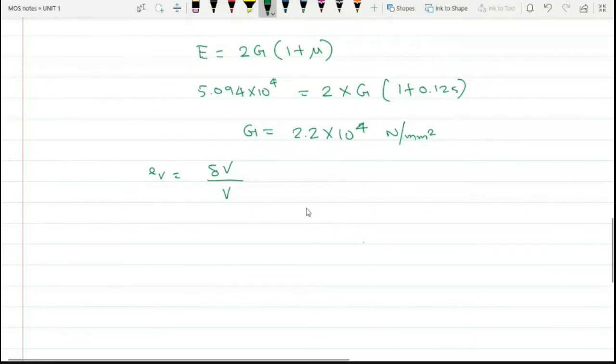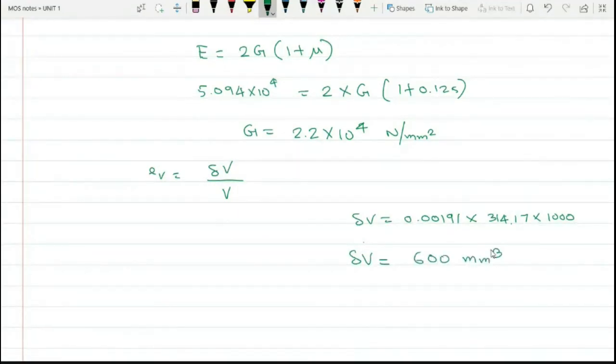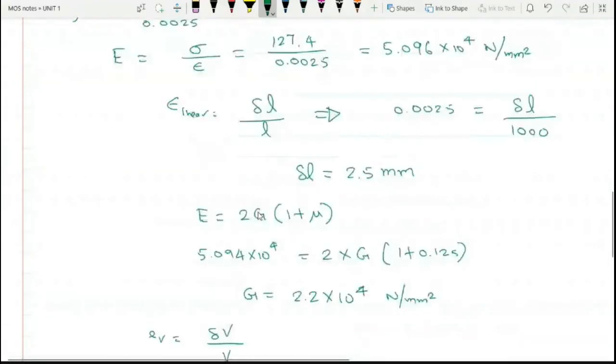So del V is equal to 0.00191 into your volume. Volume is area, which you already identified as 314.17, into length. Length is 1 meter, so into 1000. We'll get del V, which is about 600 mm cube. Okay, so this completes this problem.